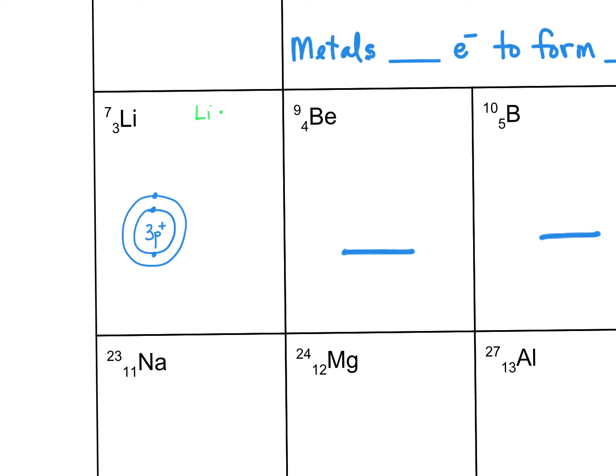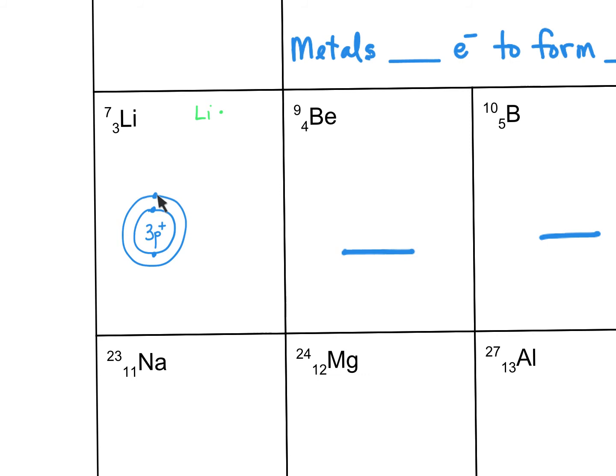So let's think about stability. If the outer shell is full, then this particle is stable. So there are 2 shells. The second shell has only 1 electron, so it's not stable because it's not full. Therefore, this atom is going to lose or gain electrons to become stable. So ask yourself, is it closer to empty or closer to full?